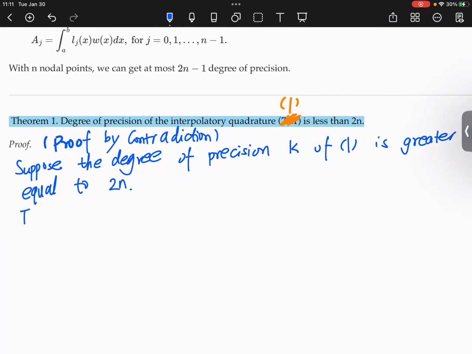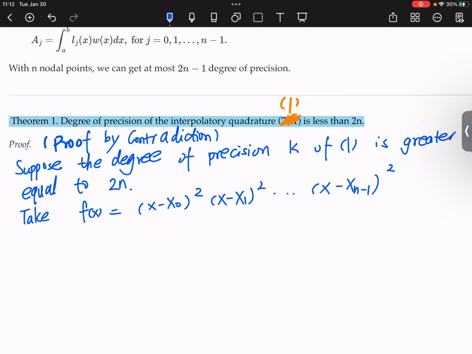Let's take the function f(x) equals (x minus x0)^2 and so on, because we have nodal points x0, x1 to xn-1. So let's create such a polynomial.